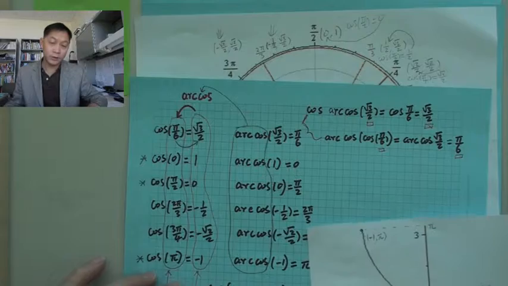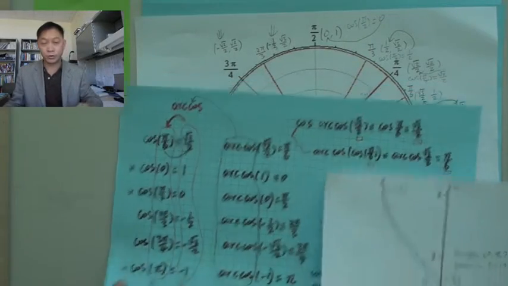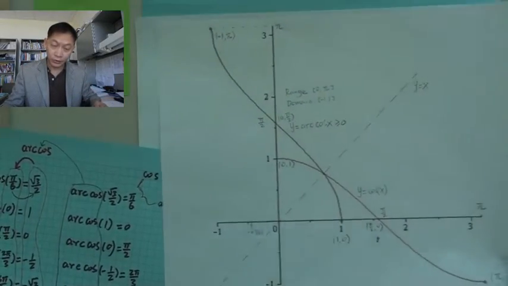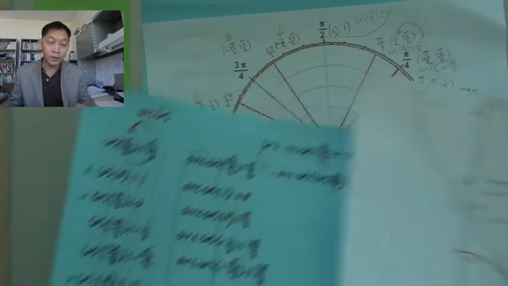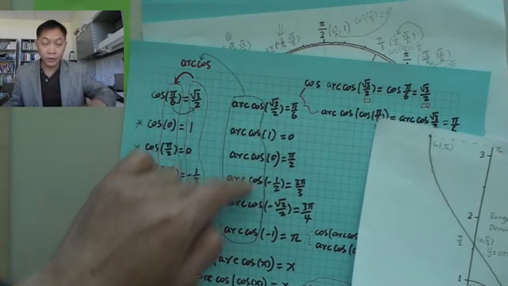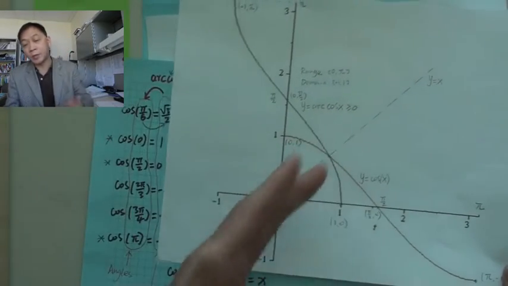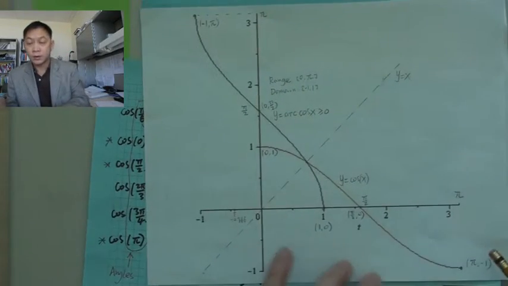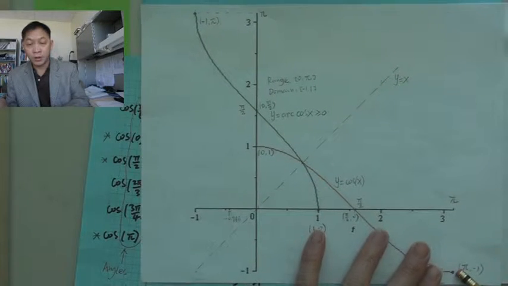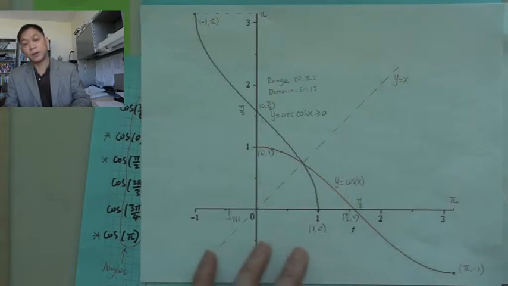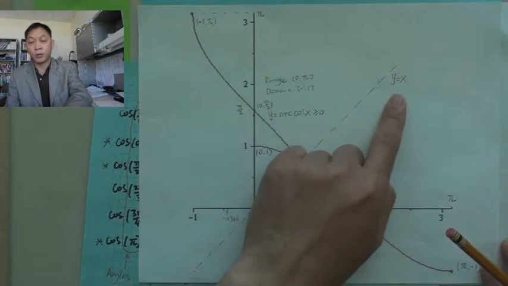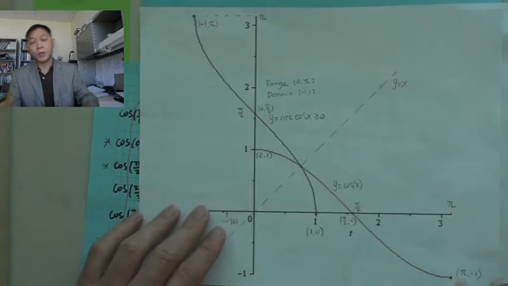From the basic values, you got pictures. You may also get the picture by flipping the original picture, y equals cosine x, based on the line y equals x. So we got the picture.